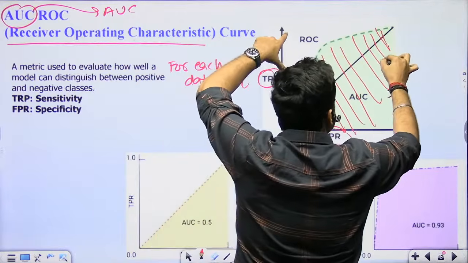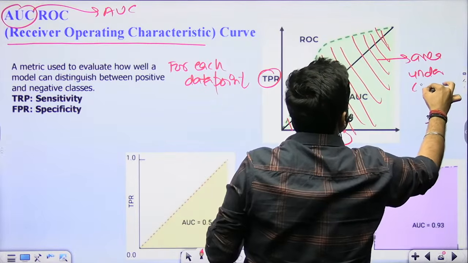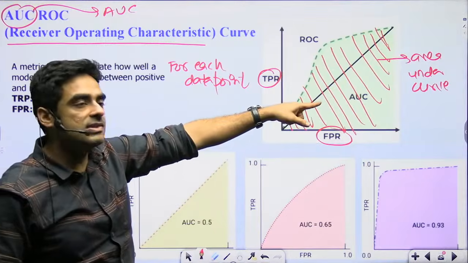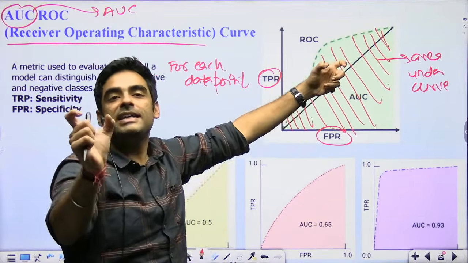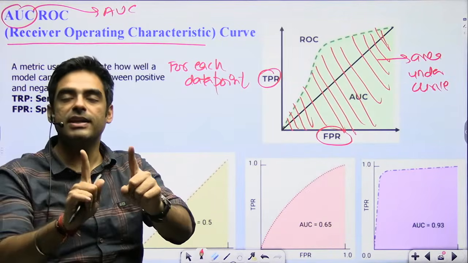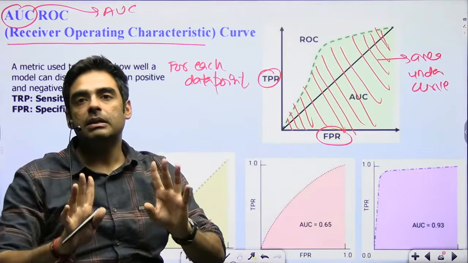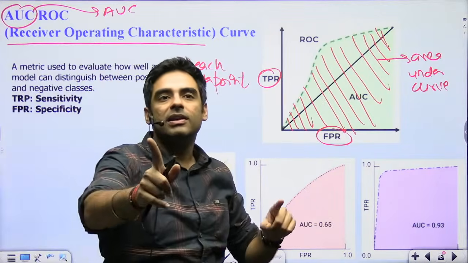The higher the AUC score is, the higher the area under the curve is, and the more reliable the model is. This understanding you should have.